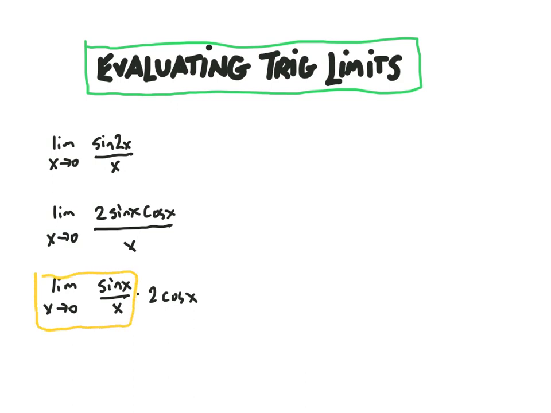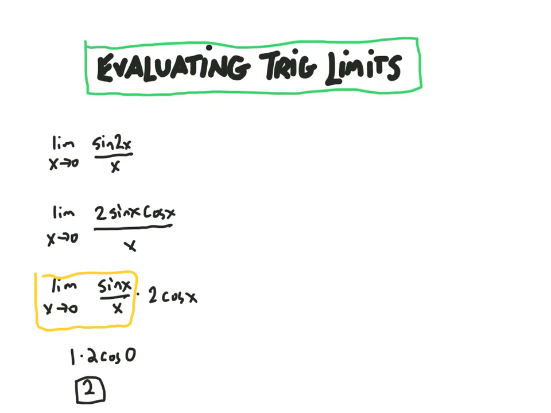The other piece we can work out via substitution. And so we can see that the answer to this limit will be 1 times 2 cosine of 0. And since cosine of 0 is 1, our answer is just 2.